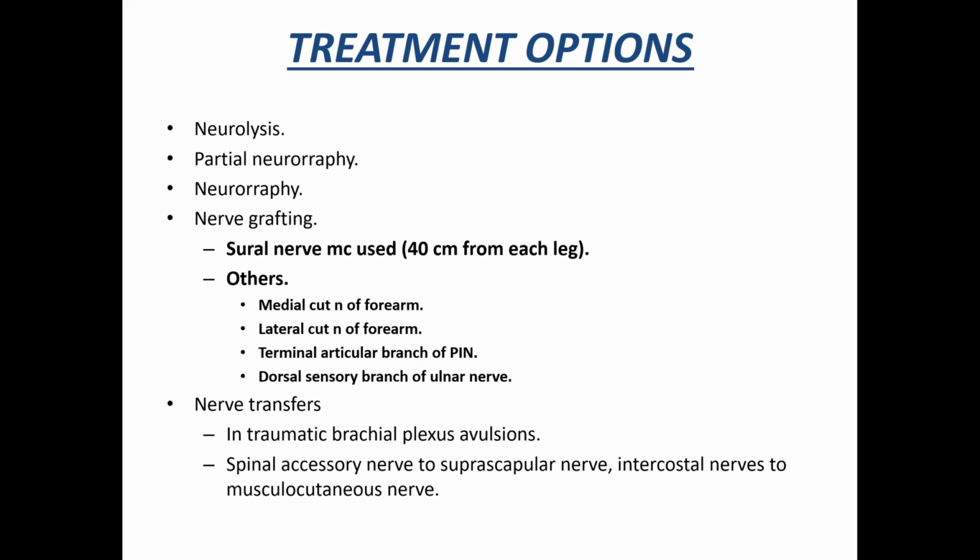There are many intercostal nerves. So one of the intercostal nerves can be used, and its innervation reinserted into the musculocutaneous nerve of the upper limb. Musculocutaneous nerve, as we will see later, supplies some important muscles around the elbow joint, and it can help restore lost elbow flexion.